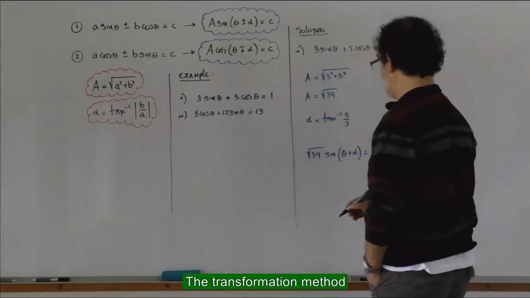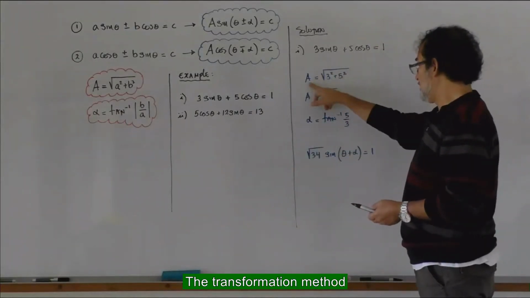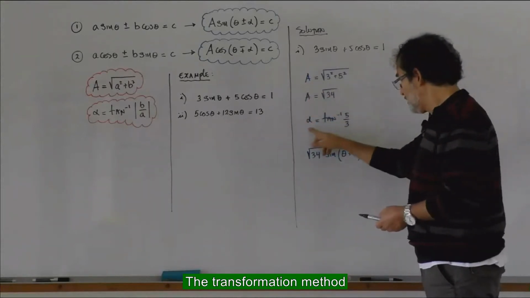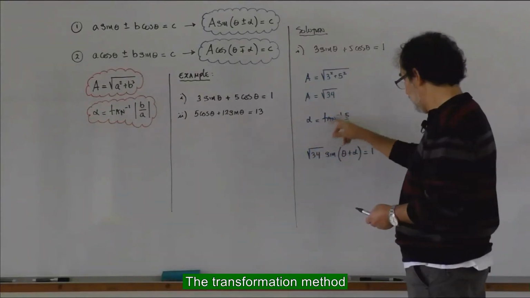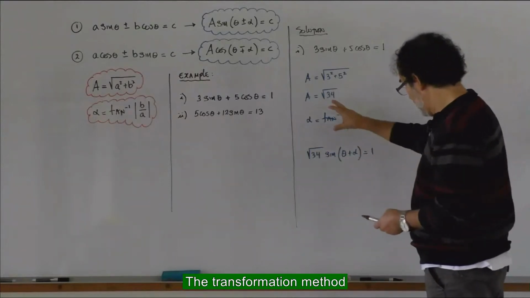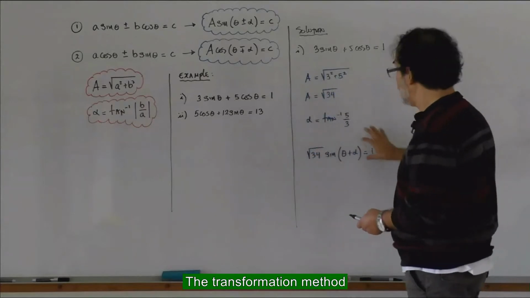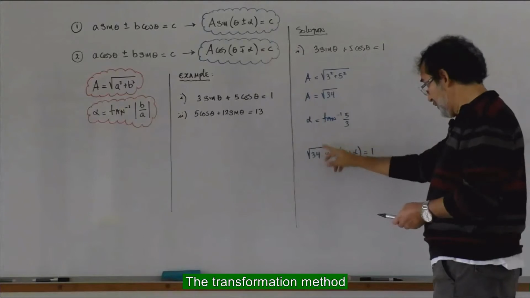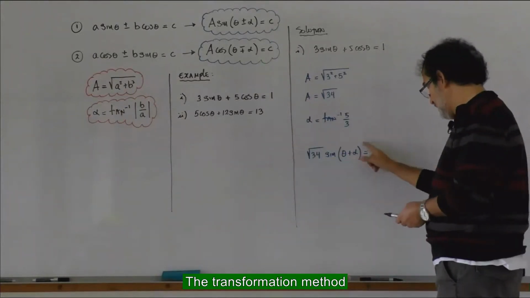All right, so let's see what we've done so far. Firstly, we found the answer for a, which is equal to the square root of 34, and we've also found the answer for alpha, which is equal to the inverse tan of 5/3. Then we substitute these two values into the equation that we have in here, and that becomes square root of 34 sine of theta plus alpha equal to 1.